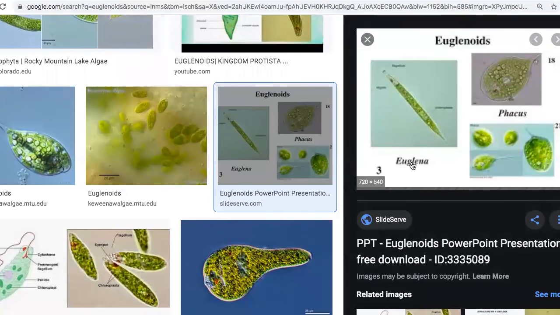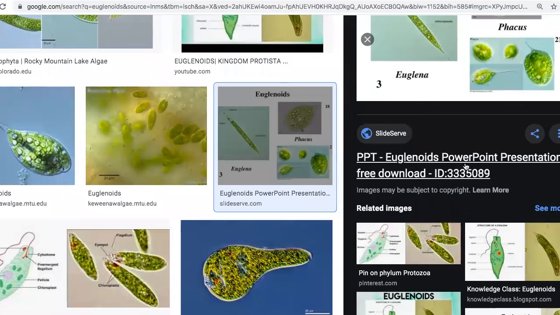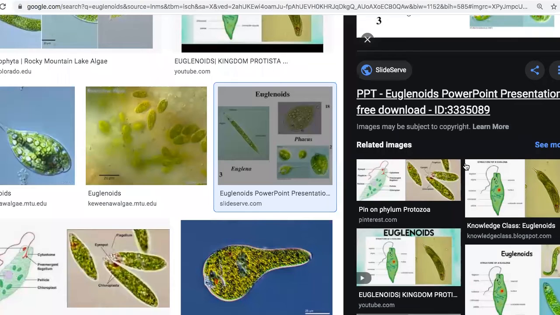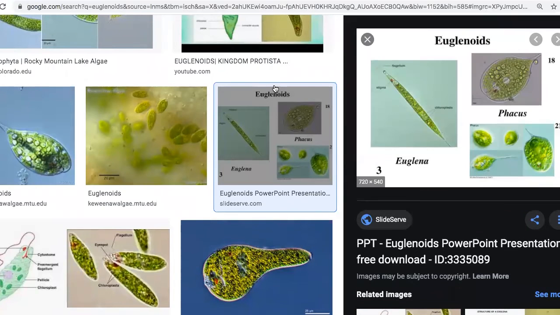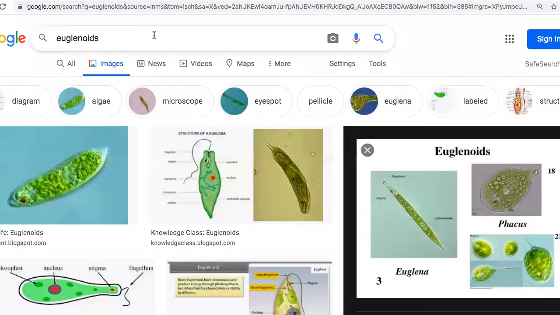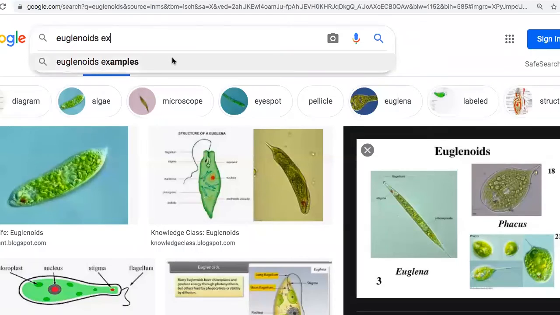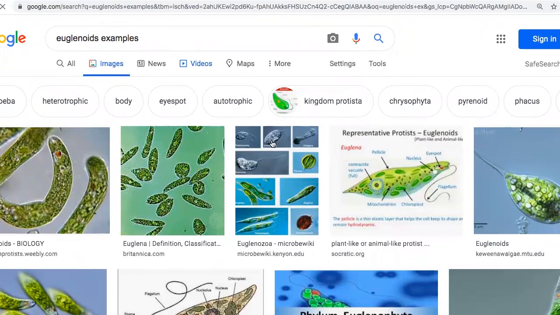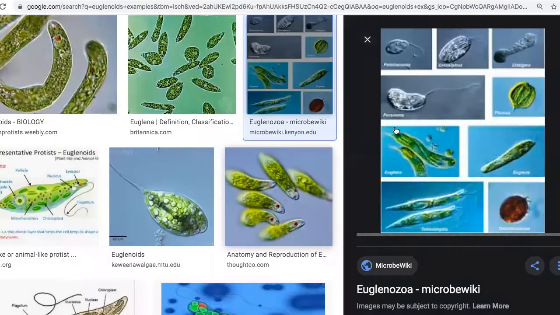If you see here, this is Euglena, and there is an organism called Phacus. This Phacus is one more type of euglenoid. You see these are all different types of euglenoids. They have given lots of examples. Euglena is one example. Phacus is an example.